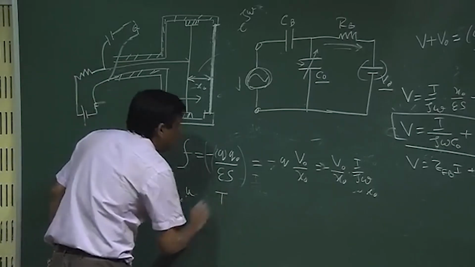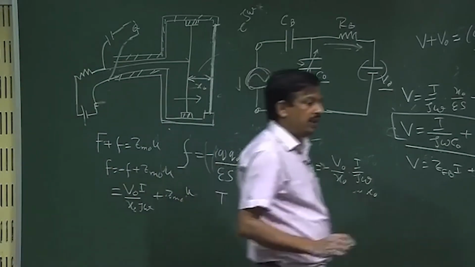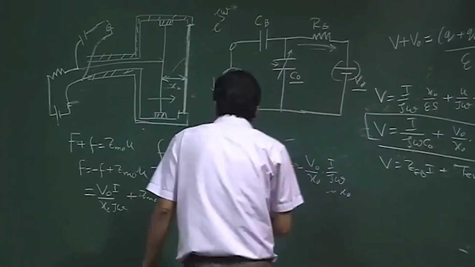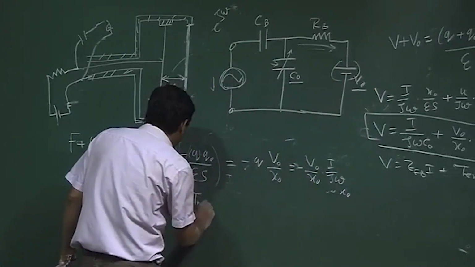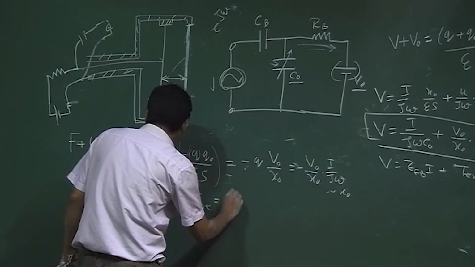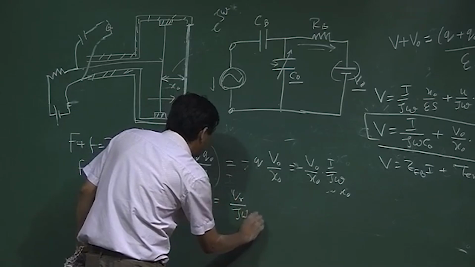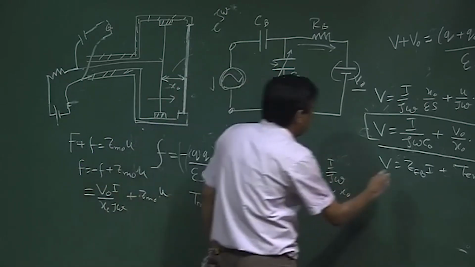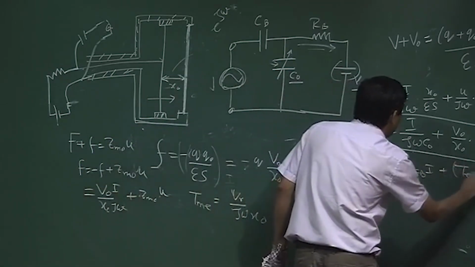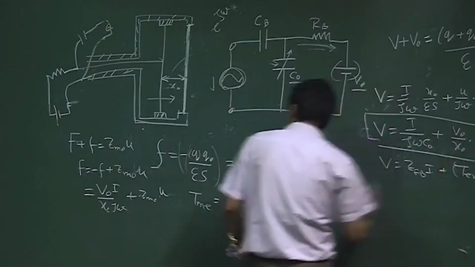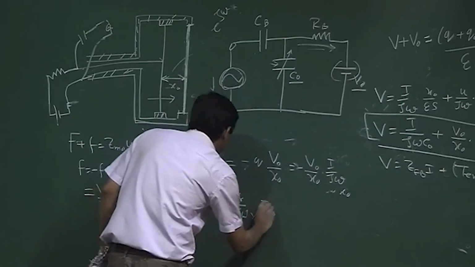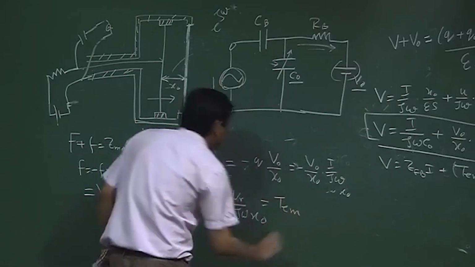If it is TEM, then it is nothing but TME, mechanical to electrical, V0 by j omega x0. What is it here? It is TEM, V0 by j omega x0. So, the TME is equal to TEM.